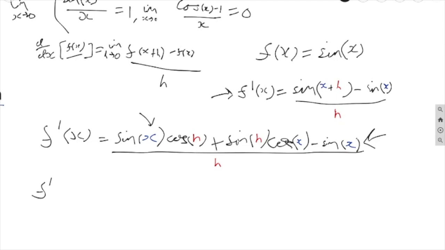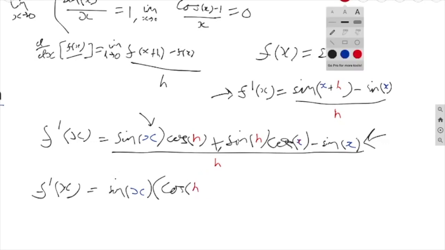So we'll say f prime of x equals sine of x multiplied by cos of h, and from that we're going to take away 1.